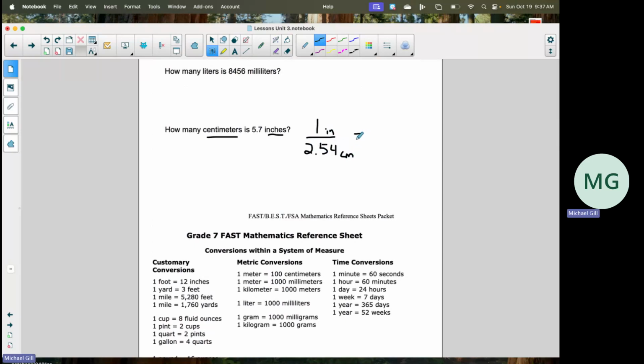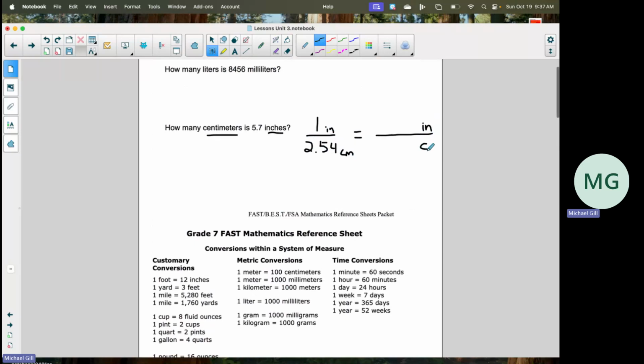So that equals, now again, I just go ahead and I make the fraction with the units. Inches is on top. And when they skip this, this is when they mess up, especially in percents. A lot of them messed up. So centimeters and centimeters. Now I just come over here. Well, where's my number? Well, there it is. What's its measurement? Inches. So it goes on top. And that's all I'm going to do. If you cross multiply, so the variable, the blank will be down there. So I can put that. If you cross multiply, you basically wind up just multiplying these two to get your answer.